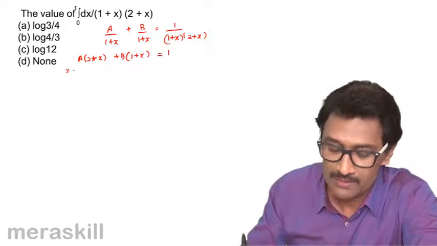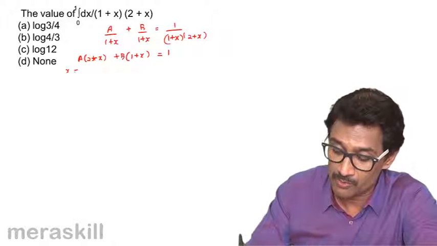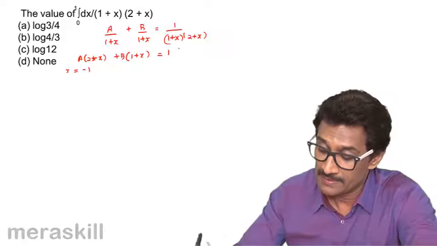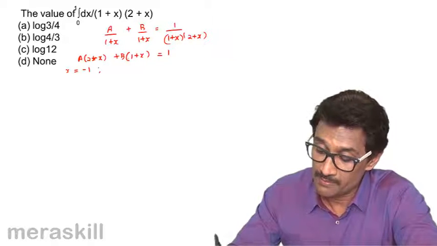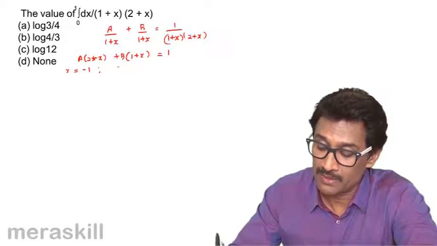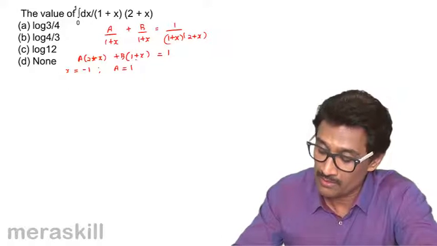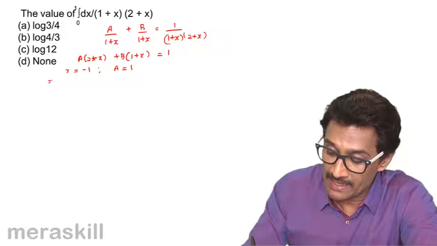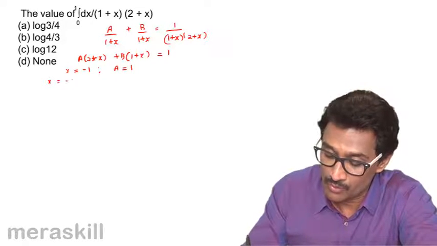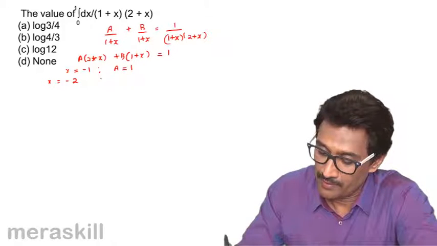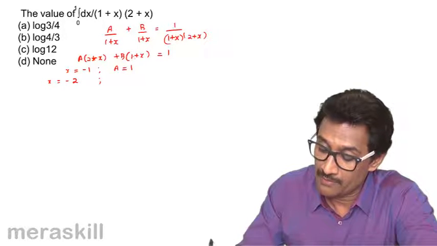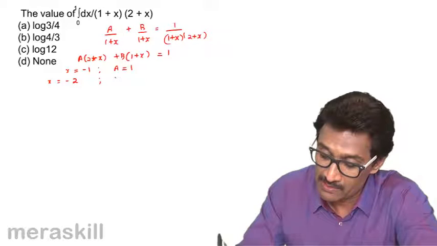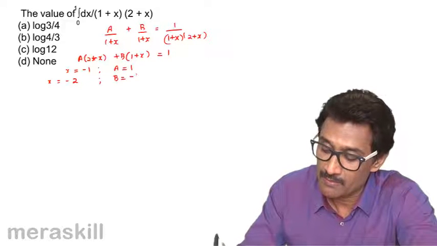So you put x as a simple partial fraction. Suppose you put x as minus 1. You get b into 0, and a into 2 minus 1, so a will turn out to be 1. If you take x as minus 2, then minus 1 minus b is 1, so b is minus 1.